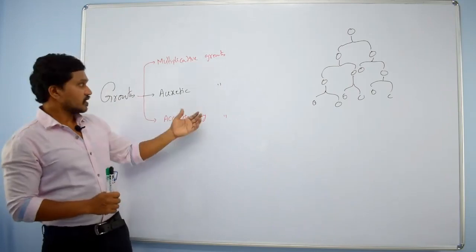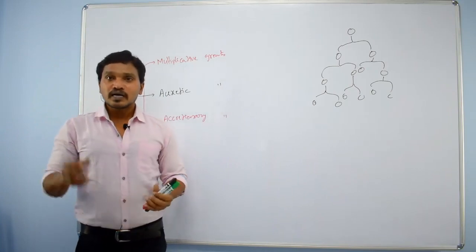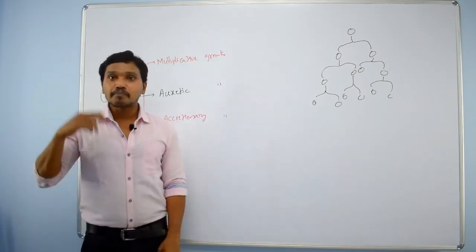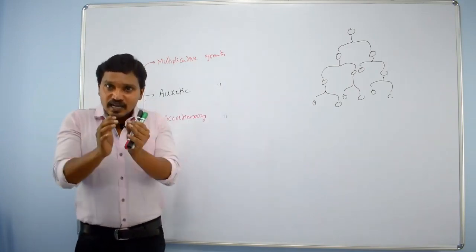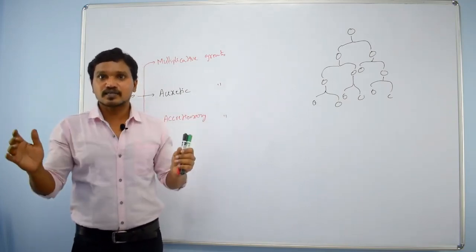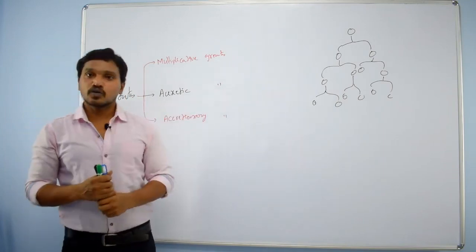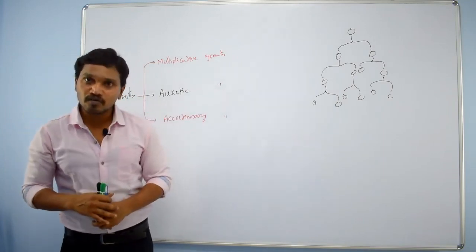Clear? Then oxitec growth. Oxitec growth means what? Instead of increasing the number of cells, here cell size will increase. Size of the cell will be increasing. So that type of growth we call oxitec growth. Where can you find it?